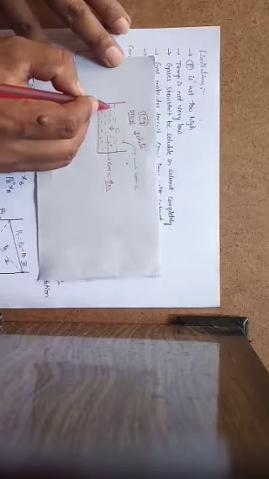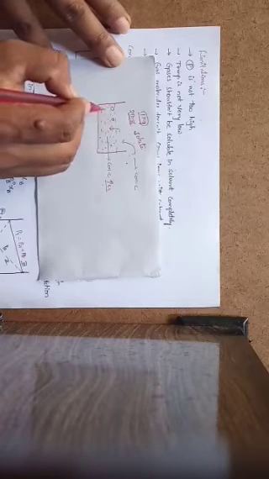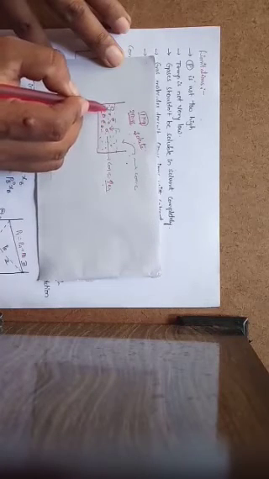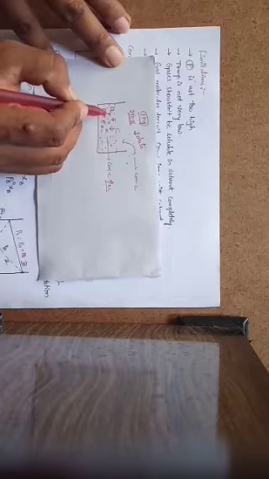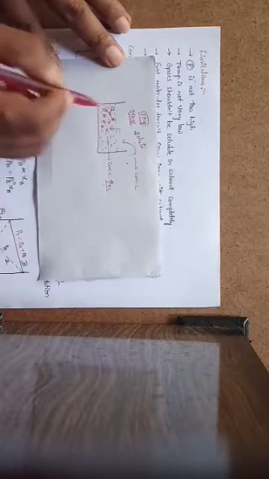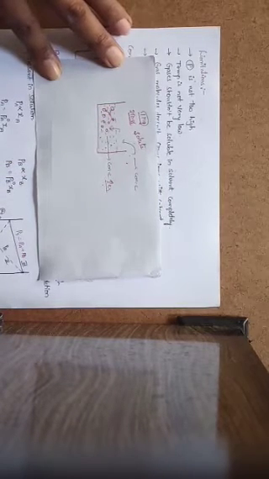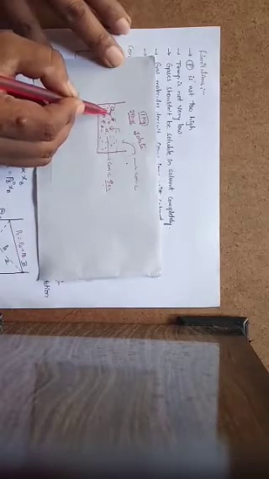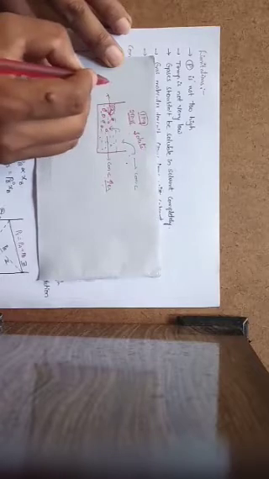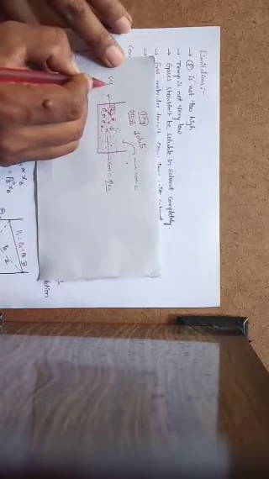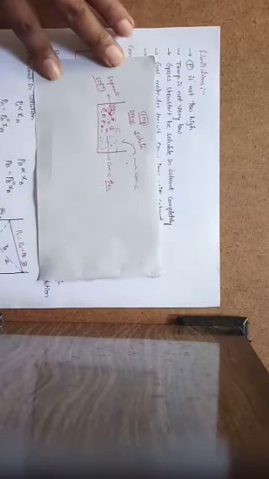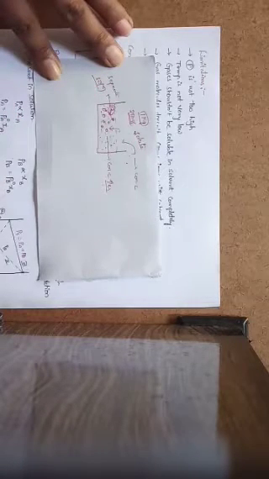Some solute particles, for example here one solute particle, and these are the solute particles, will collide with other solute particles, like this, and these solute particles will separate from the solution. That process is known as the crystallization process.